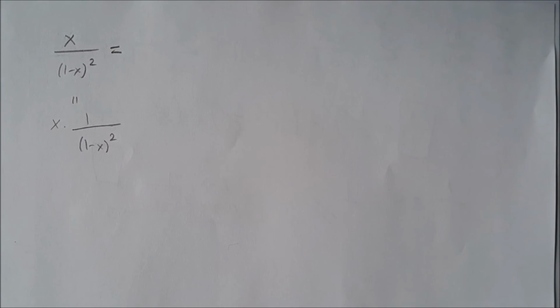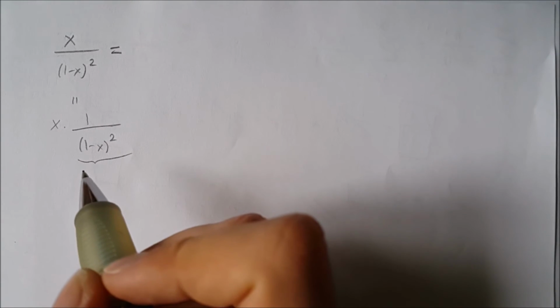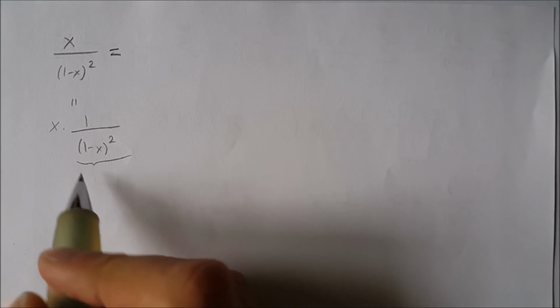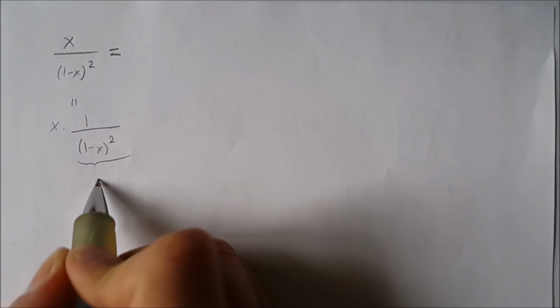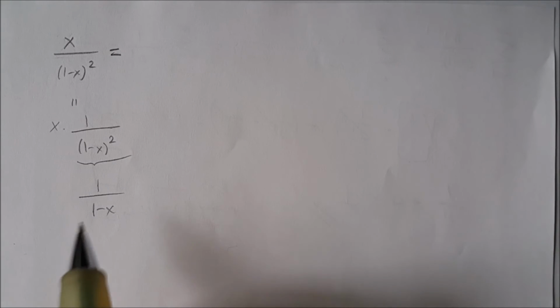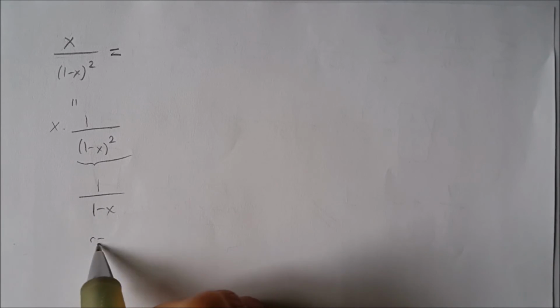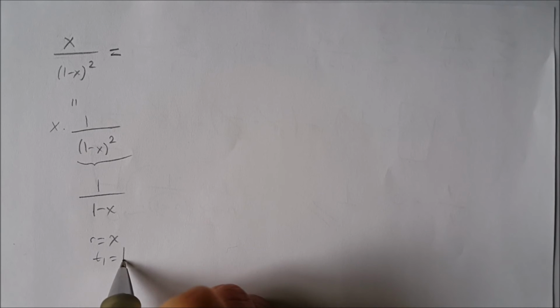And then 1 over 1 minus x squared is the derivative of 1 over 1 minus x. So this is a geometric function with r equals x and t1 equals 1.